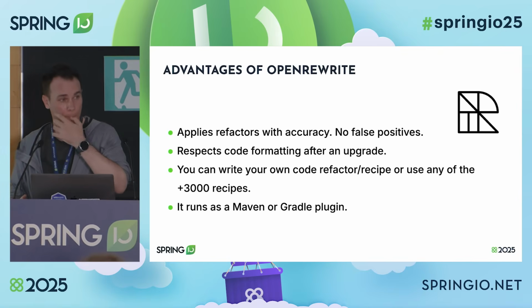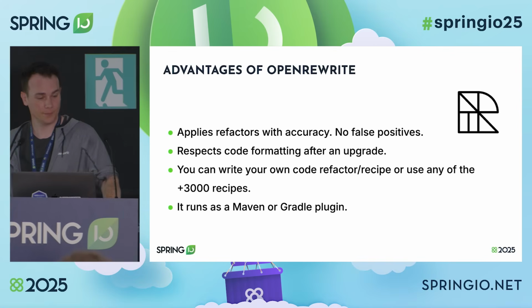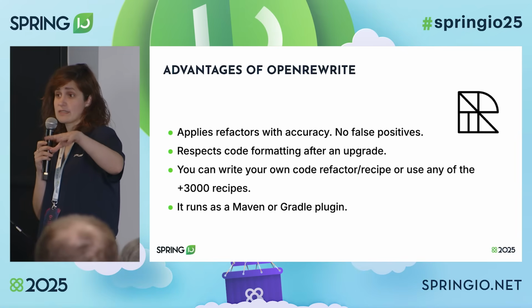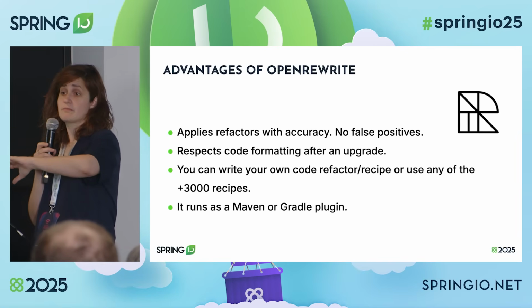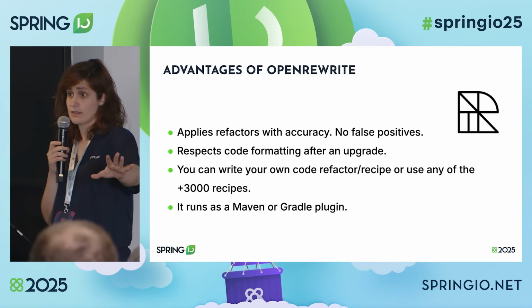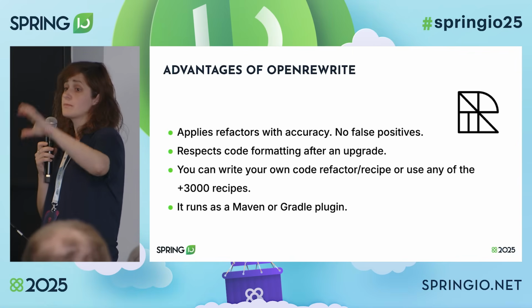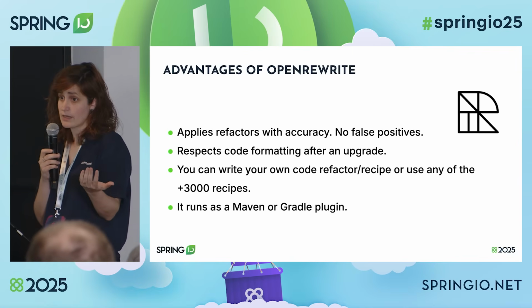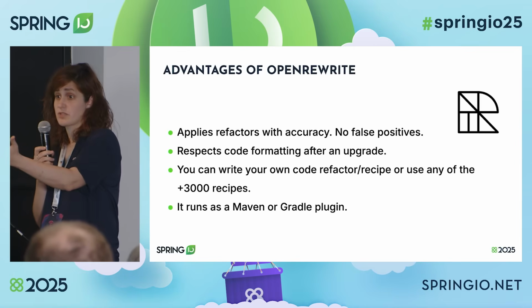I hope that you probably have already used Checkstyle, PMD, this kind of static code analysis tool. The main difference is that those static code analysis tools are basically parsing the source code, but only the text representation. OpenRewrite is not only parsing the source code, it is taking advantage of internal compiler APIs to resolve the type of every single expression.